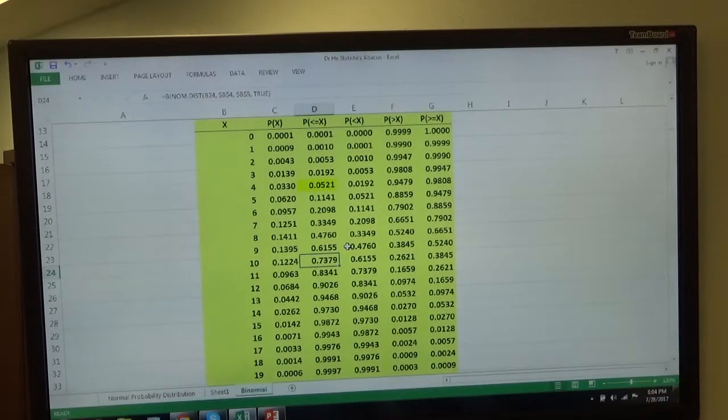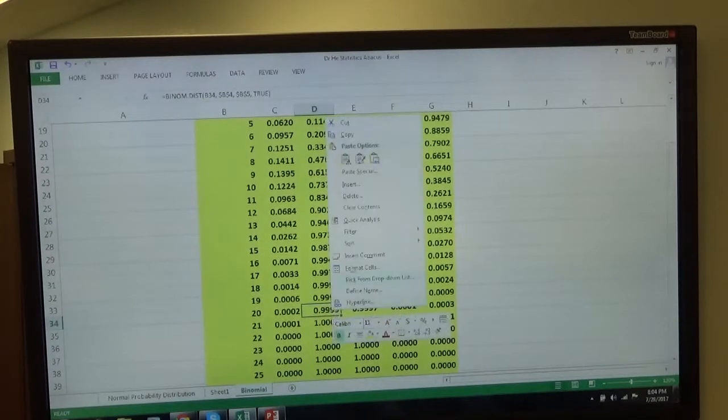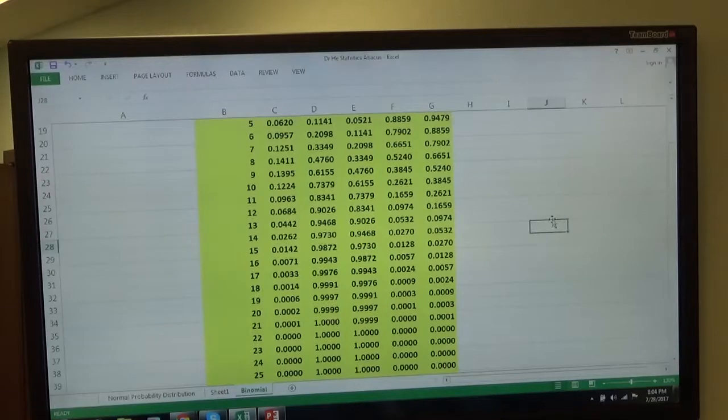You subtract. Okay, can we find the probability of less than or equal to 20? It's this one, so that's the probability of less than or equal to 20. This one includes 20, right?